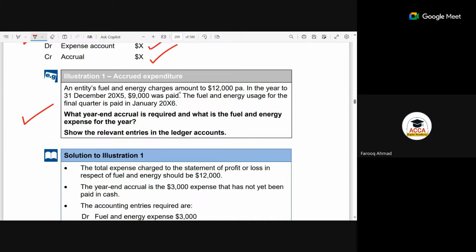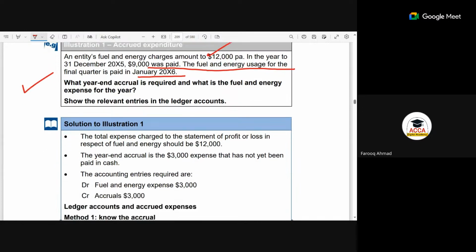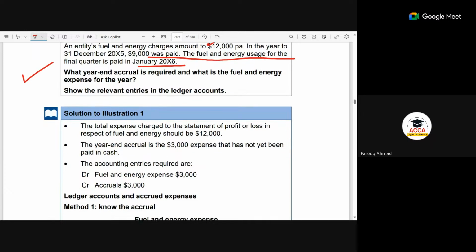An entity has fuel and energy charges of 12,000 per annum in the year to December 31st, 2005. 9,000 was paid. The fuel and energy usage for the final quarter is paid in January 2006. How is it treated? This is how the illustration is calculated. Total expenses charged to the statement of profit or loss for energy should be 12,000. The year-end accrual is the 3,000 of expenses not yet paid.